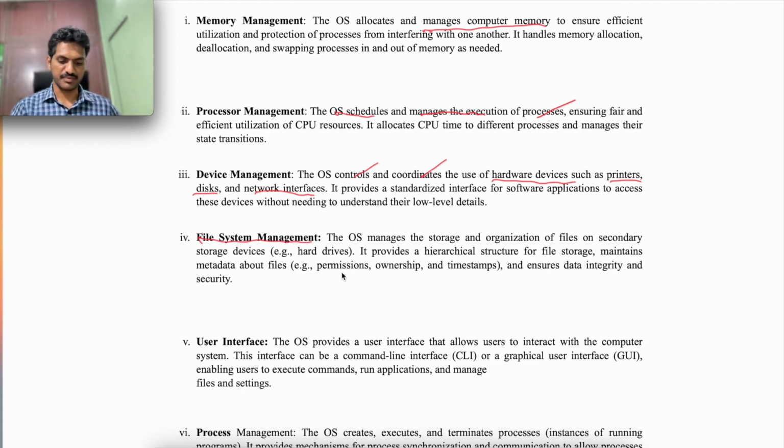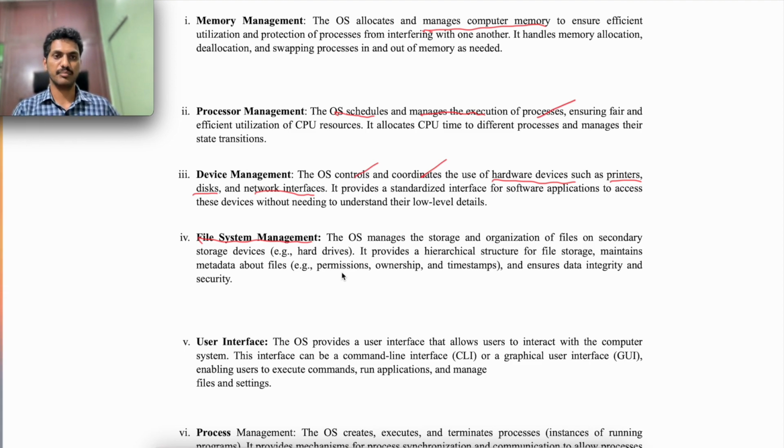File system management. You know, there are thousands of files in our computer system. So proper management of those files is an essential task. Suppose we organize the items in our home, right? We don't throw the items around. We keep the dresses in some almirah, and we keep books in some almirah, and like that we arrange the things in our home also.